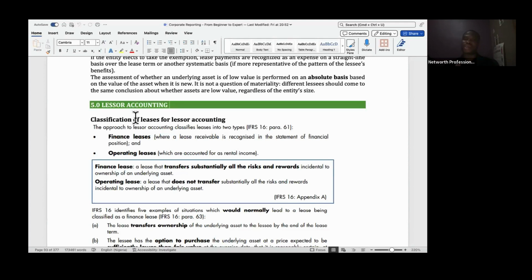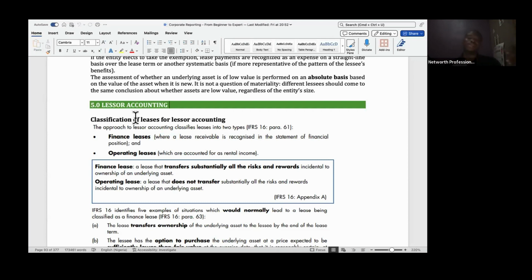Either you are renting it under a short-term lease in such a way that you are going to get back your asset as quickly as possible, or it is a long-term one where there is no likelihood that you get back your asset because the other party is going to use the entire value of that asset. And that is what IFRS 16 is looking at, that those scenarios should not be treated in the same way.